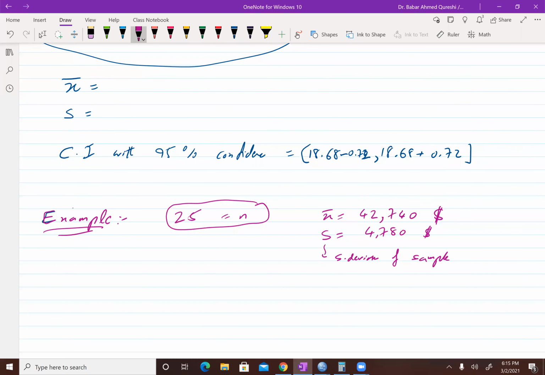It's that number. You don't know the standard deviation of the population, only of your sample which you picked up. So based on this, you want to say that with 90% confidence level, what is the mean salary?